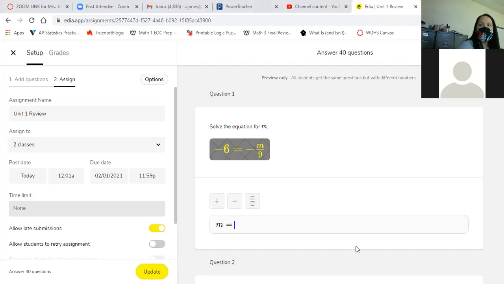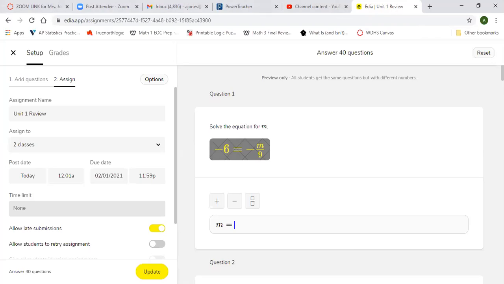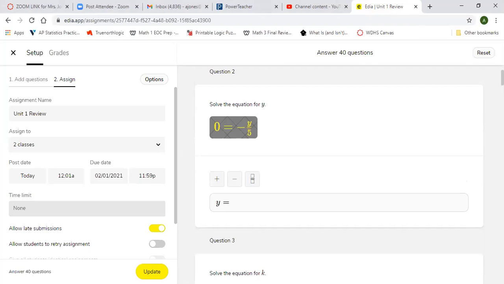Your next one. And I promise I won't do 40 of them. It's exactly the same way. 0 equals -y over 5. How do we solve it? Same thing we did. This is the same exact question. 5 times 0 is 0.